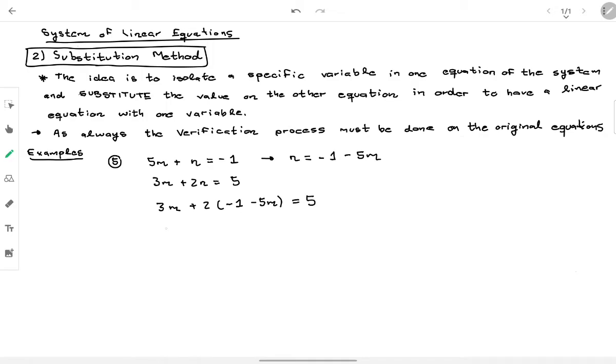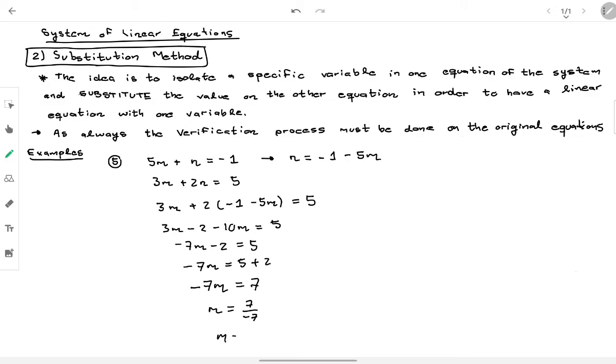So it's going to be 3m minus 2 minus 10m equals 5. Minus 7m minus 2 equals 5. Minus 7m equals 5 plus 2. Minus 7m equals 7. m equals 7 divided by minus 7. m equals minus 1.